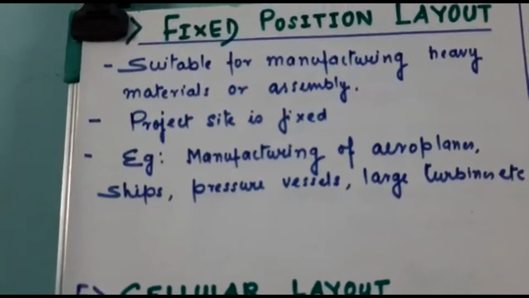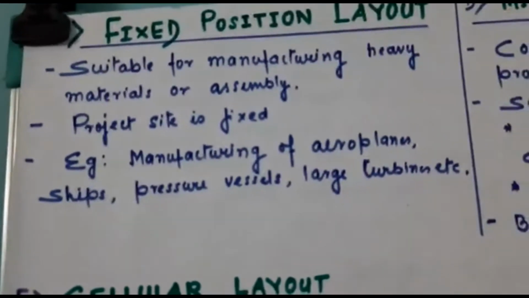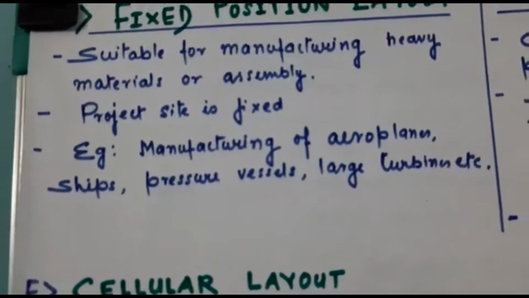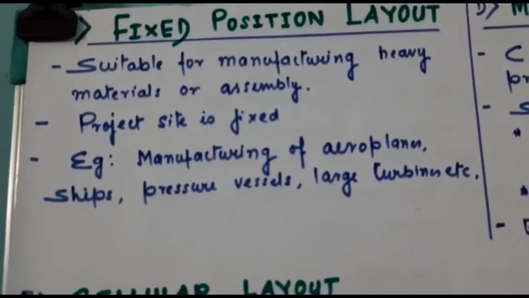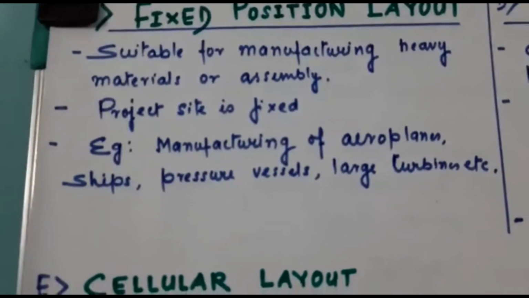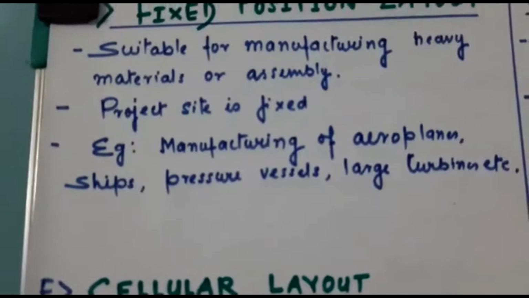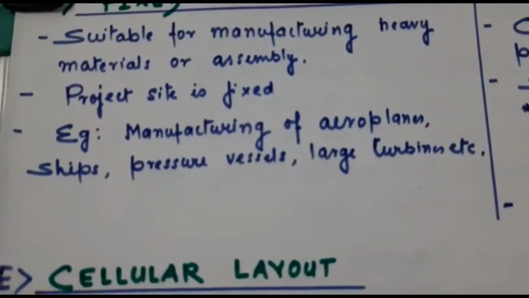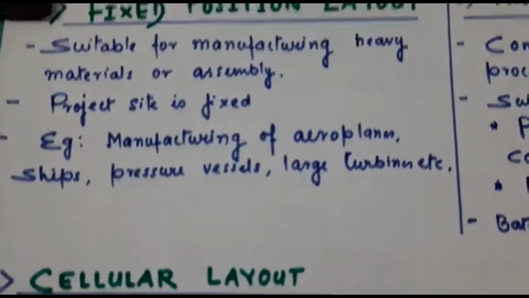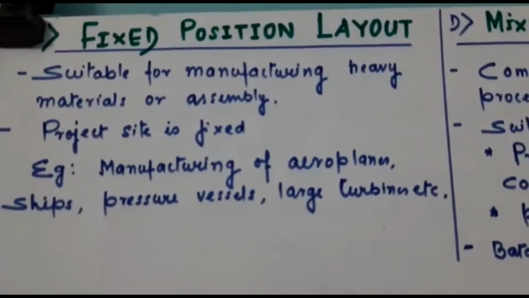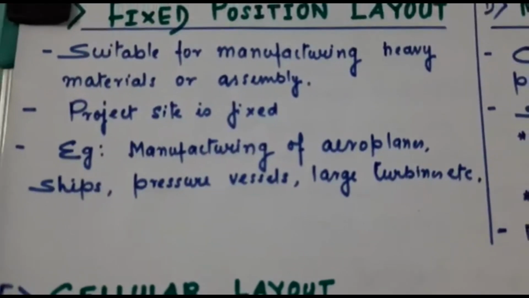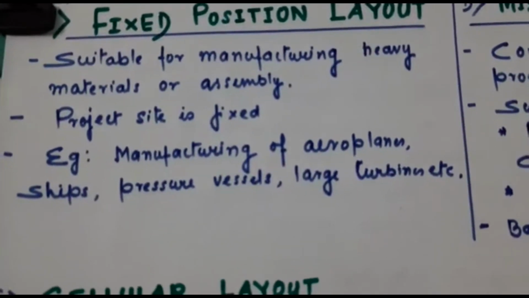So instead of producing the product in the factory and thereby transporting it, which is not possible because of the huge size of the product, all the resources which are needed to manufacture the product are brought at the site of the project. So this is called, since the position of the place where the product is to be finally delivered is fixed, this is called fixed position layout.